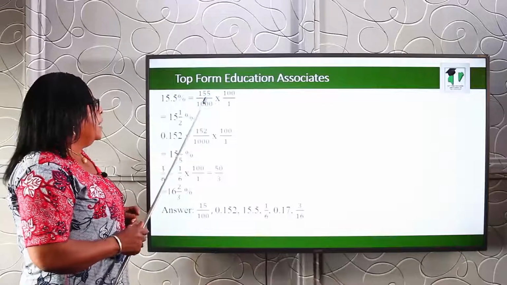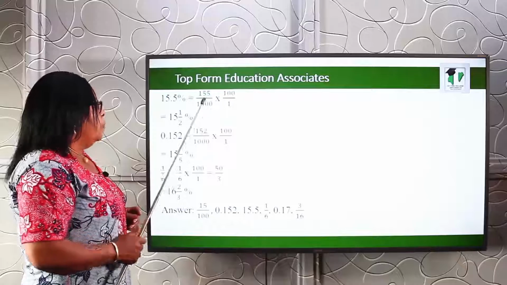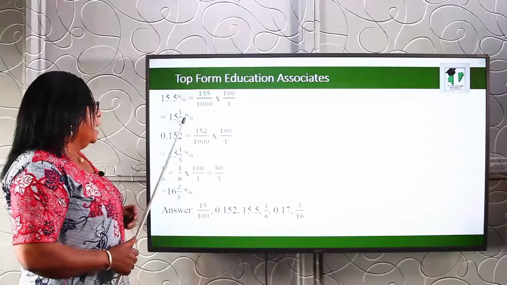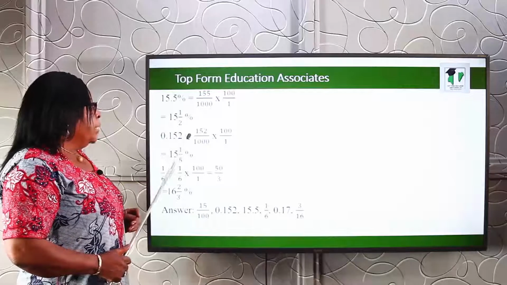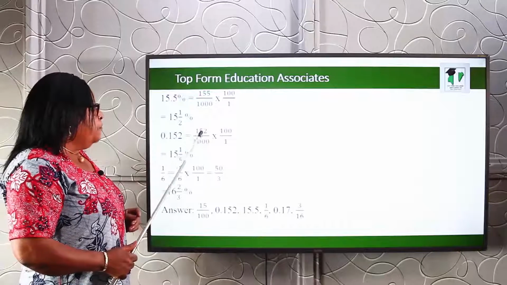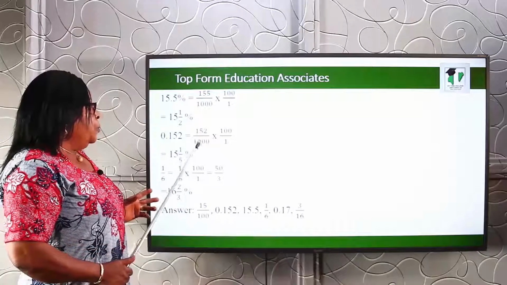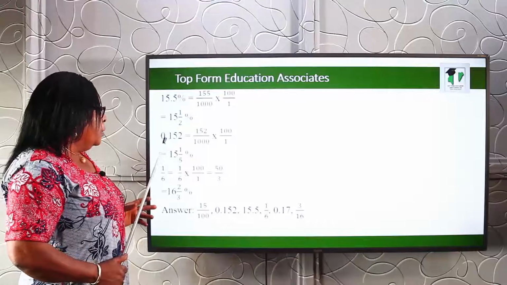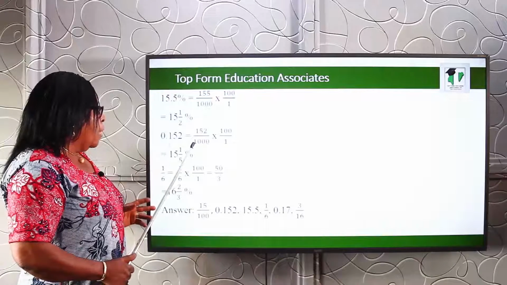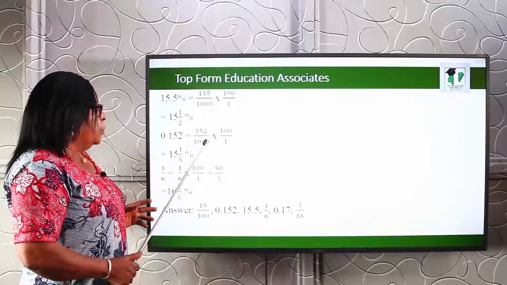15.5% is the same thing as 155 over 1000 times 100 over 1, which is 15.5%. 0.152 is the same thing as 152 over 1000 times 100. I hope you know where we got 1000. 152, the decimal point is our 1, then we have 3 digits, and that's the 3 zeros.